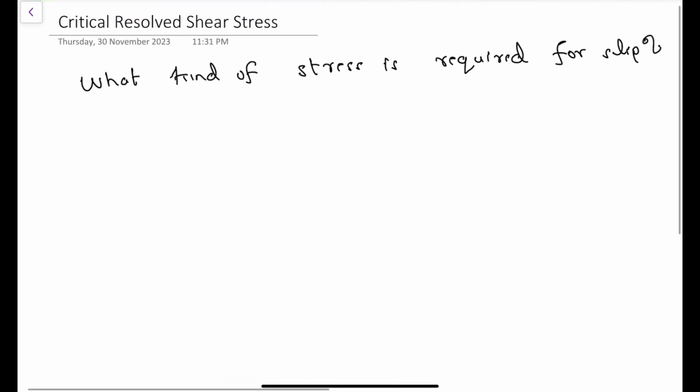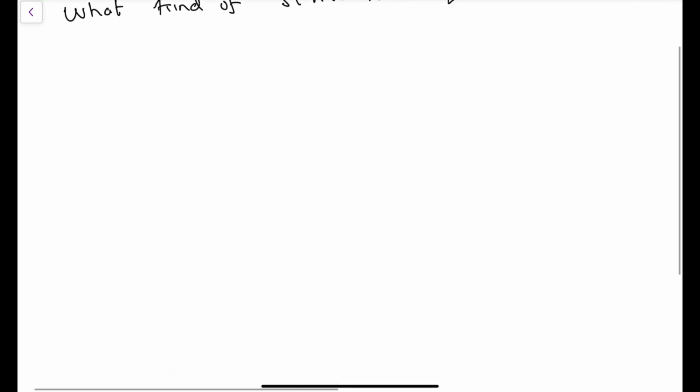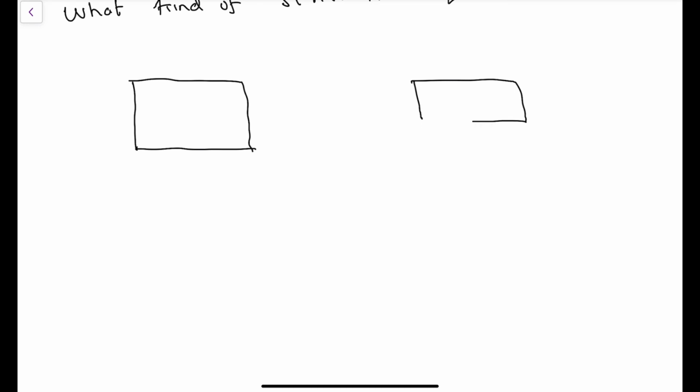You have seen slip occurring. That means one part of the crystal structure slides over another, right? That is what happens in a crystal, and that is what happens in slip. For this to occur, you need a shear stress.